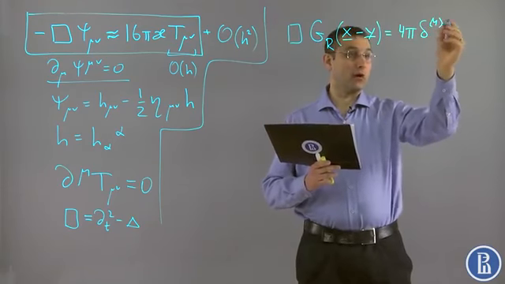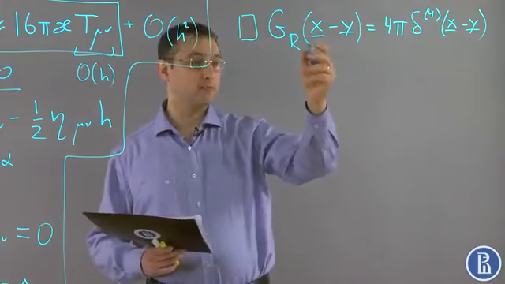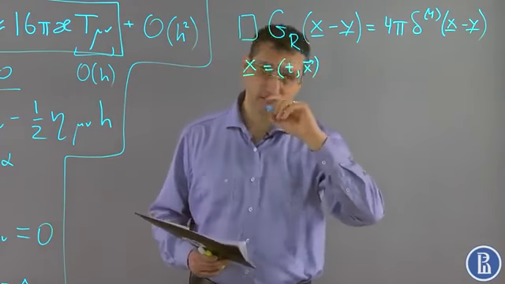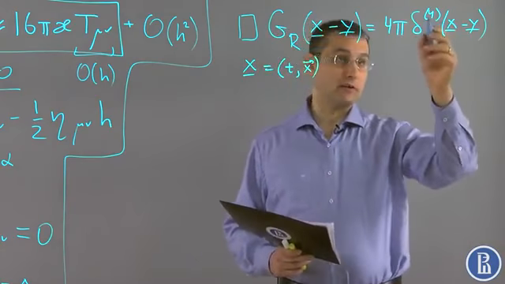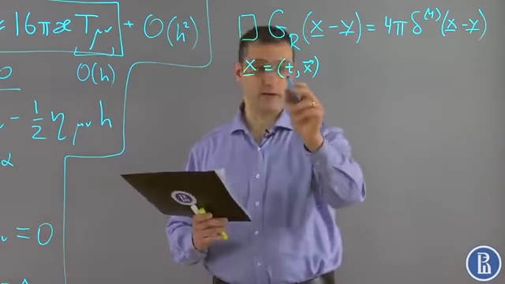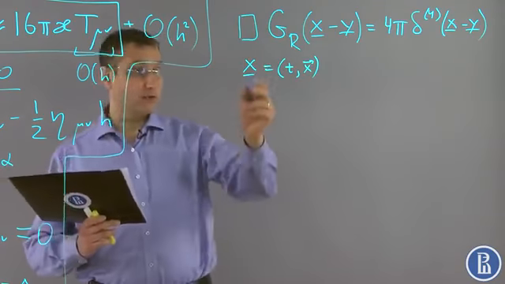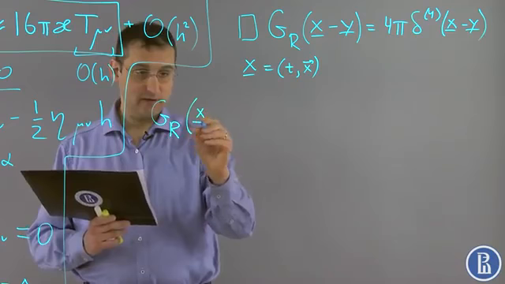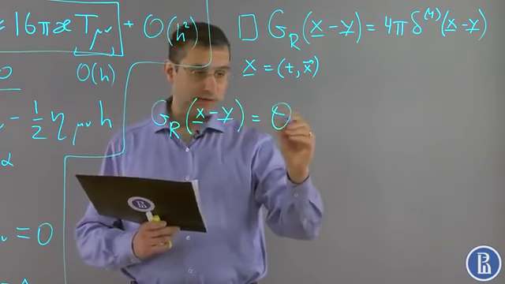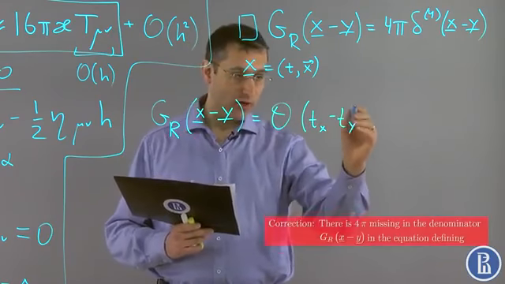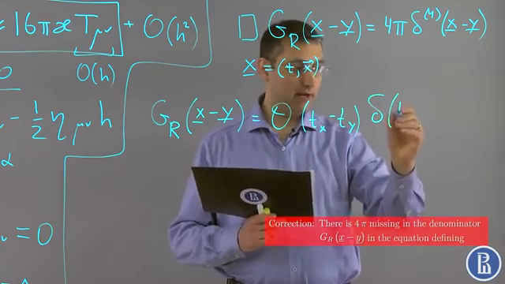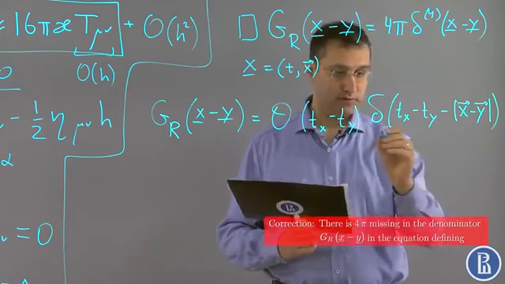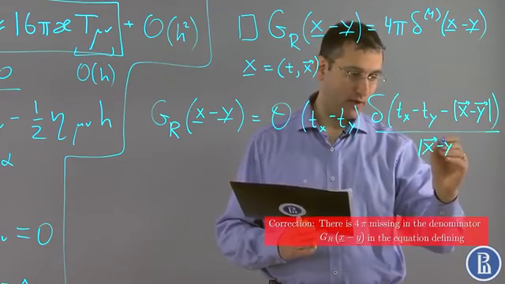So the Green function for the box operator, for the D'Alembertian operator, solves this equation: box G equals 4 pi delta 4 of x minus y, where x and y are 4-vectors, t and x vector. So this is a product of 4 delta functions, one for each component of x minus y. The retarded solution of this equation, which should be known to those familiar with electromagnetic radiation, is as follows: theta of t_x minus t_y times delta of t_x minus t_y minus modulus of x minus y, divided by modulus of x minus y.